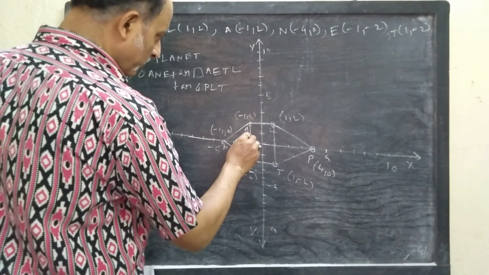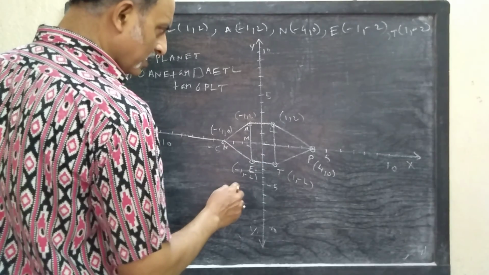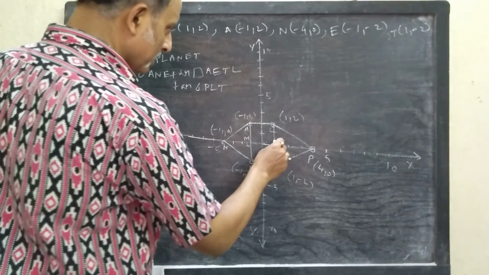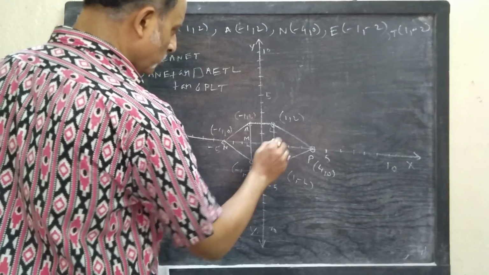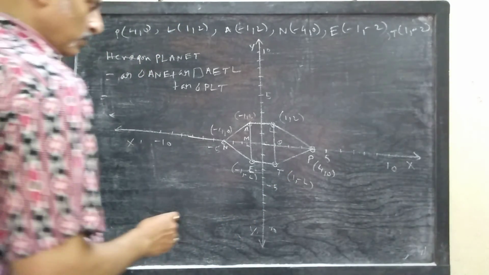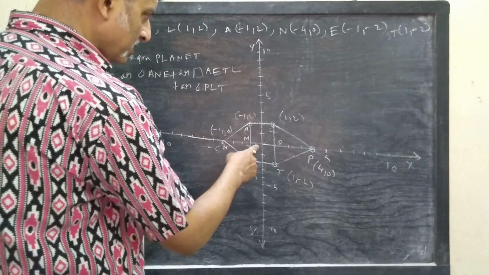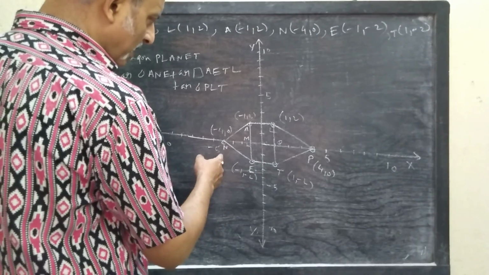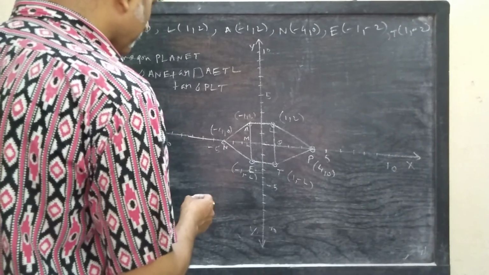So if we consider this point as M, this point as Q. Look, the coordinate of M is minus 1 comma 0, and this is minus 4 comma 0, so NM.